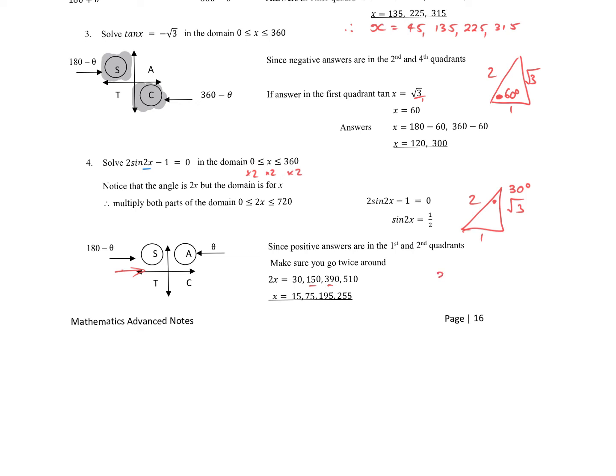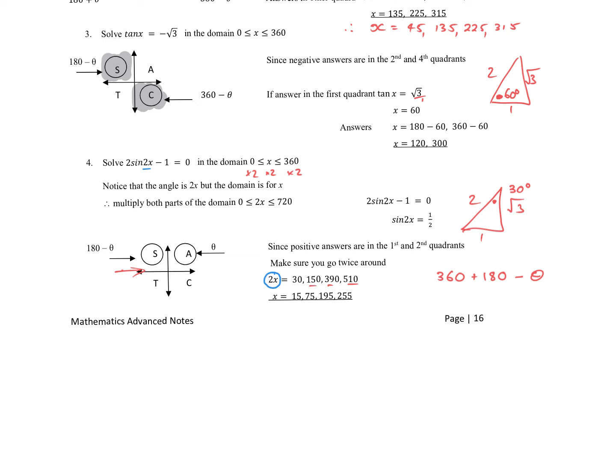So you've gone the whole way around, 360 degrees. You go to another 180 and minus the angle, and that will give you your 510. Now, so far, we've still only found what 2 lots of x is equal to. So then you divide everything by 2 to find the value of x. Okay, so the angle is 2x, but then we're finding the value of x.